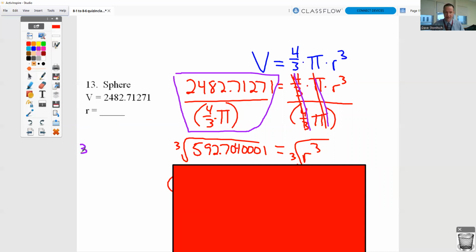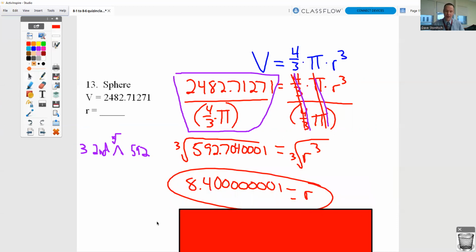The way that you do that on your calculator, 3, second button, caret button, which is really this symbol for the cube root, and then your number. So then 592 point blah, blah, blah. When you do your cube root, you get 8.4. You might get 0.0001 on your calculator. That's just 8.4.